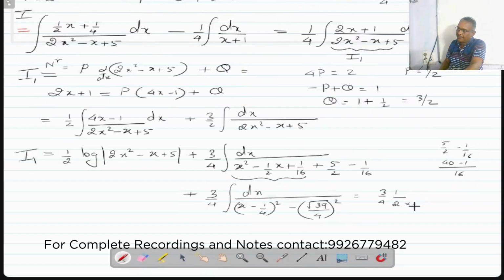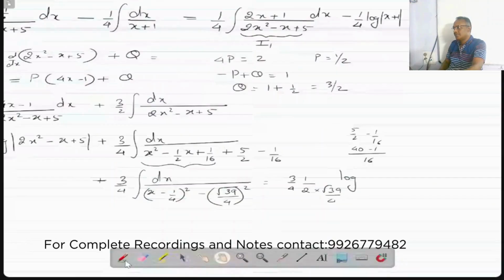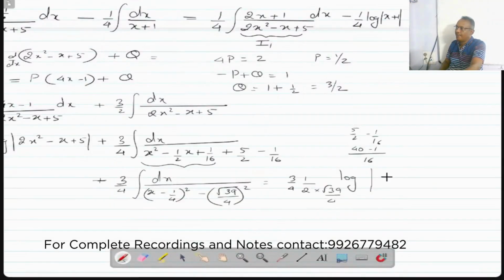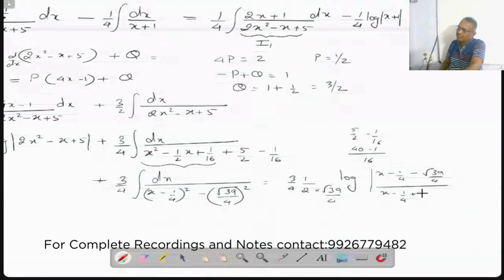1/2a log of x minus a. So this is log of x minus 1 by 4 minus root 39 by 4 upon x minus 1 by 4 plus root 39 by 4.